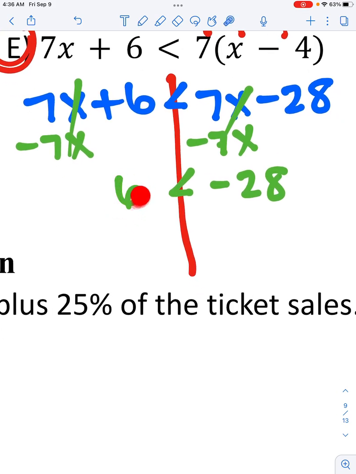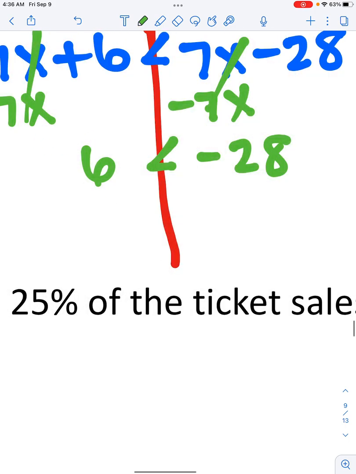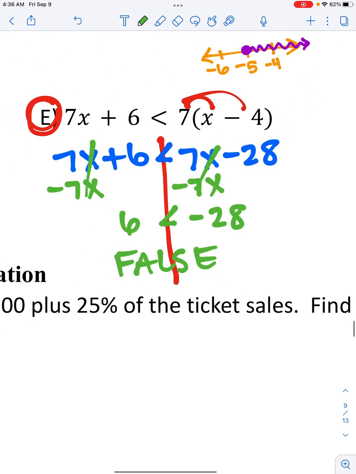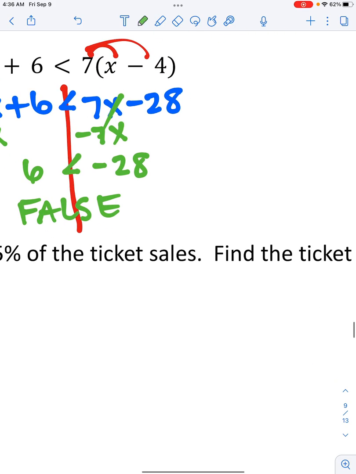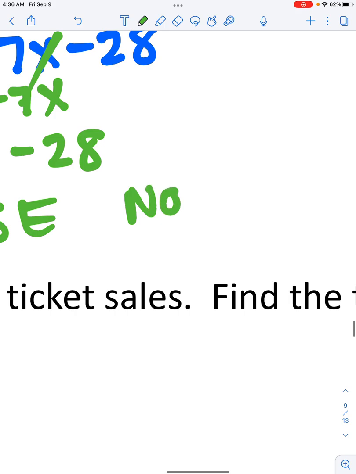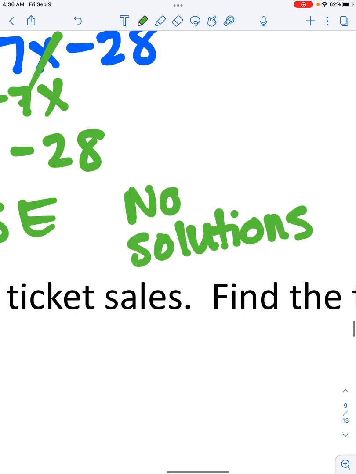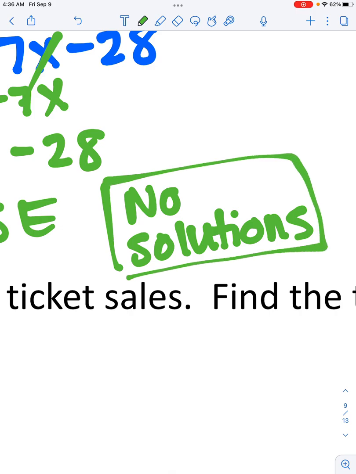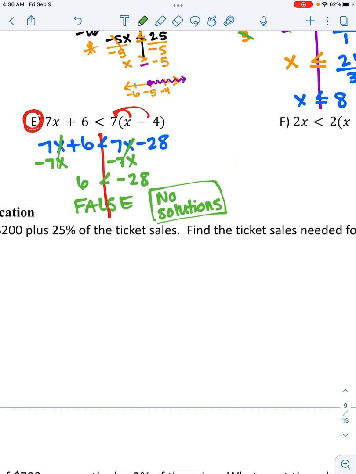This is saying that a positive 6 is going to be smaller than a negative 28. That is a false statement. So what that means is that there will never be a value of x that I can plug in to make this true. It's always going to be false. So we would say that there are no solutions. No values of x will satisfy this inequality.